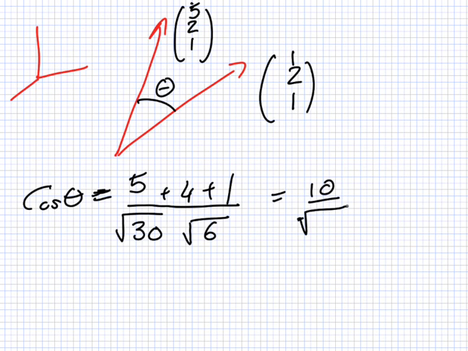It'd be root 180. It is 6 root 5, alright. Which is 10 over 6 root 5, which would be 5 over 3 root 5.